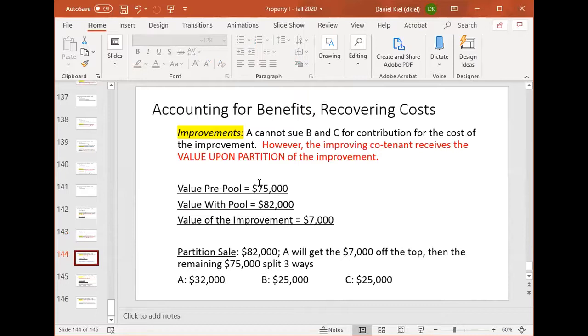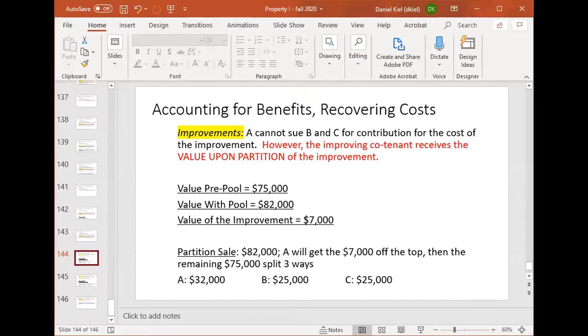So here, let's say that the value of the property before the pool was 75, the value after the pool was 82, and so the value of the improvement was 7,000. Note that that means A made a good choice here, right? They spent $3,000 out of pocket to add $7,000 to the value of the property.